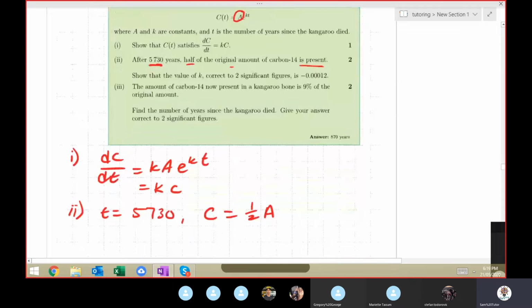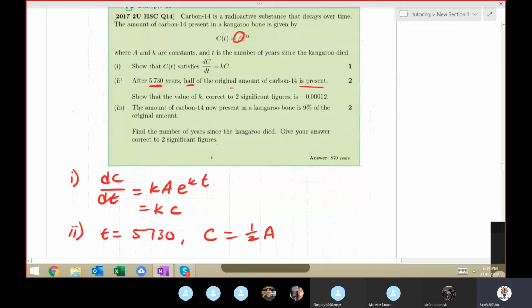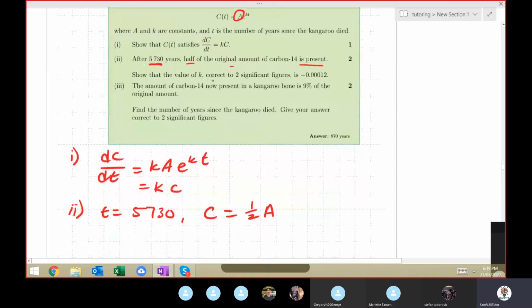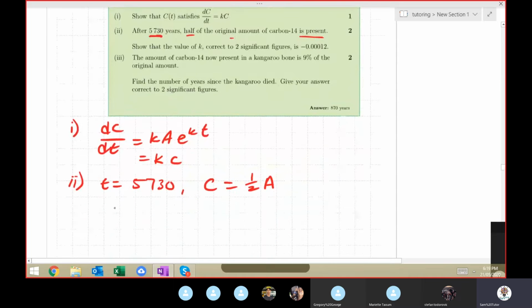So your original amount is just half of A. It says show that the value of K is this. Okay. So the formula was C equals A e to the KT. So C is half A, equals A e to the K, which we don't know, times 5730. All right.